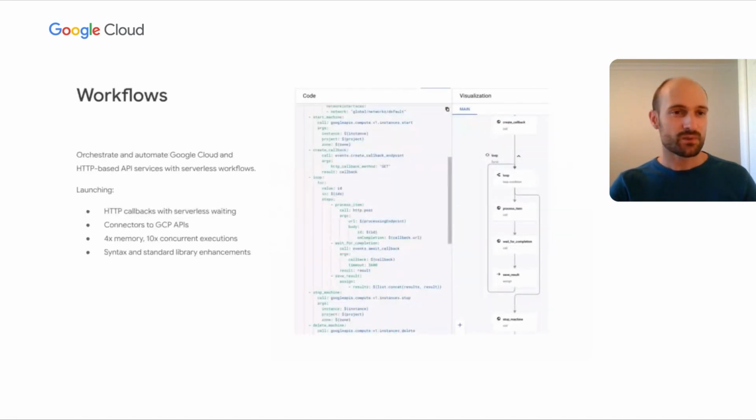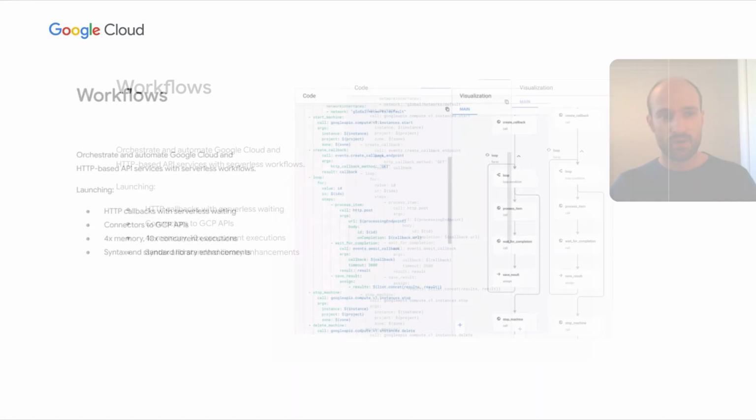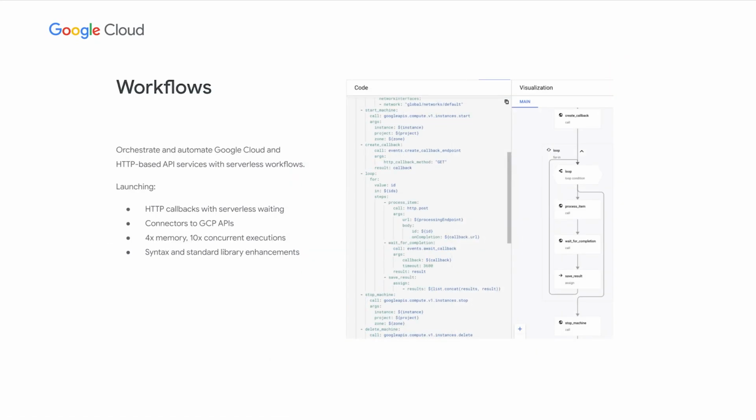Second, I want to call out Workflows, which is the Google Cloud product to orchestrate and automate Google Cloud and HTTP-based API services with a workflow that you define. So on the right, you can see a screenshot of the user interface where the workflow is using a comprehensible syntax, but can also be visualized in a very nice graph.